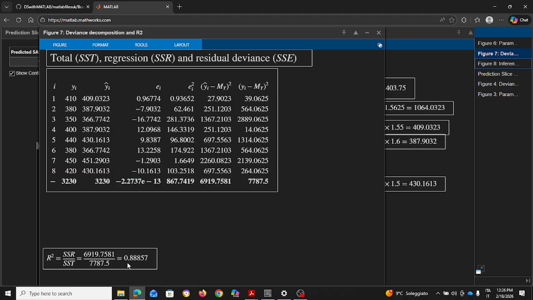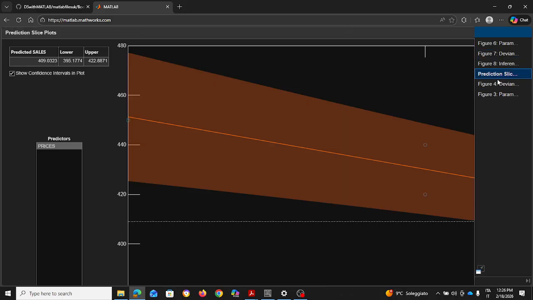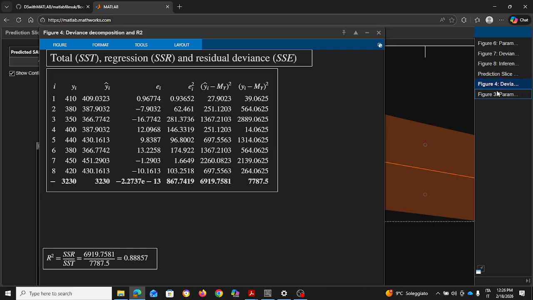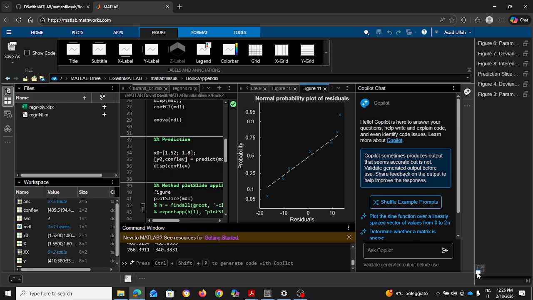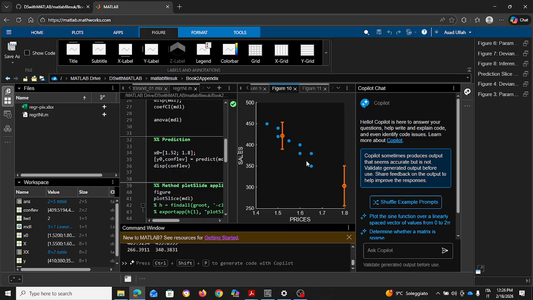We have the R square, which we said was 0.88. And here, if you can see on this one, these are our new points, 1.52 and 1.82.